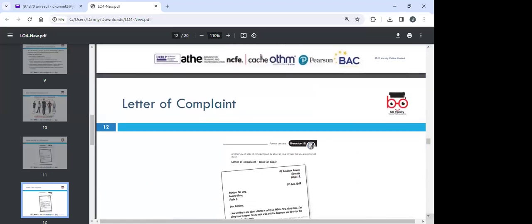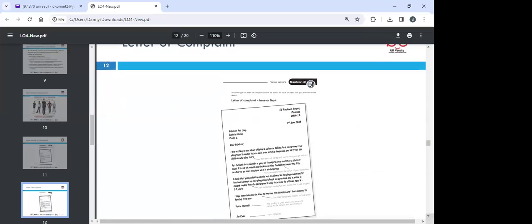And then the letter of complaint. Again, you have the address, you have who you're addressing, Mr. Palong, Lavista Park, Robin, Dear Minister. I'm writing to you about children's safety in White Park Playground. This playground is meant to be a safe area, but it is dangerous and dirty for the children who play there.